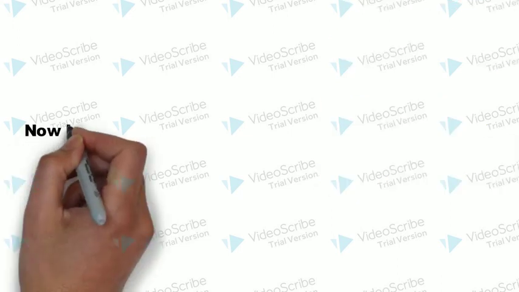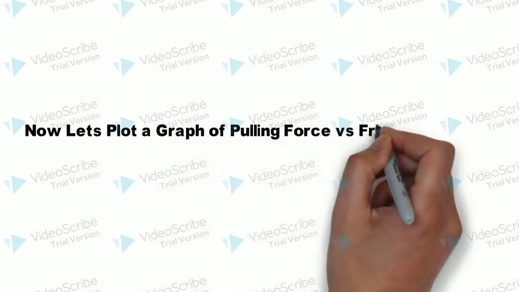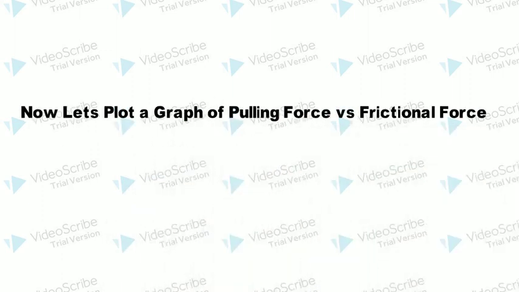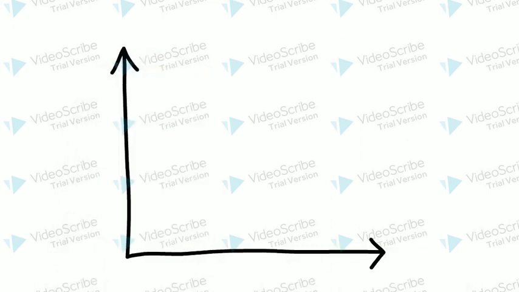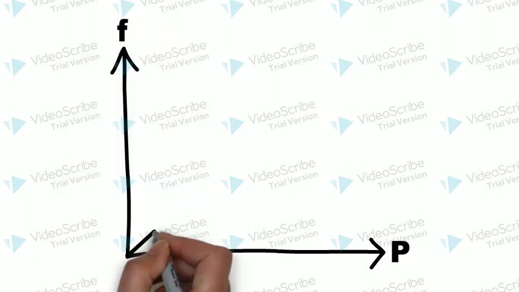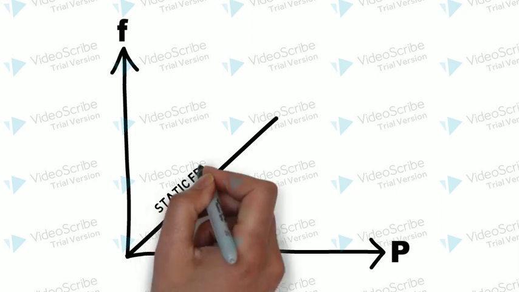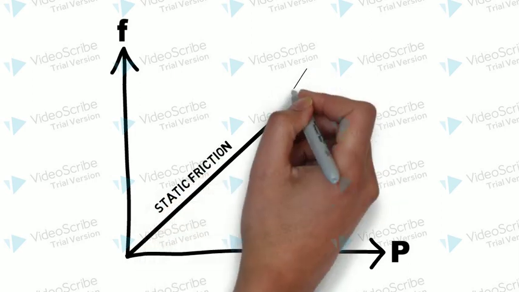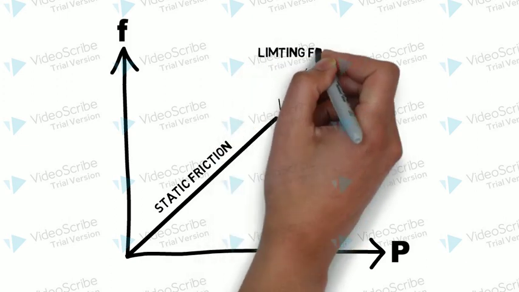Let us plot a graph of pulling force versus frictional force. On the x-axis, we have the pulling force, and on the y-axis, we have the frictional force. Let us imagine that the body is stationary, so a huge force is required to overcome the static force, and the highest point is the limiting friction.